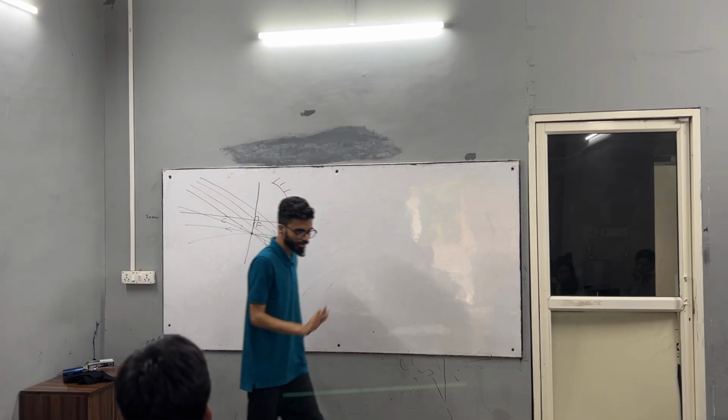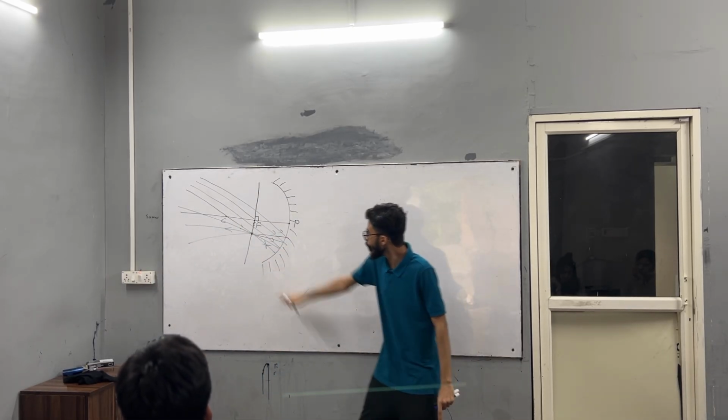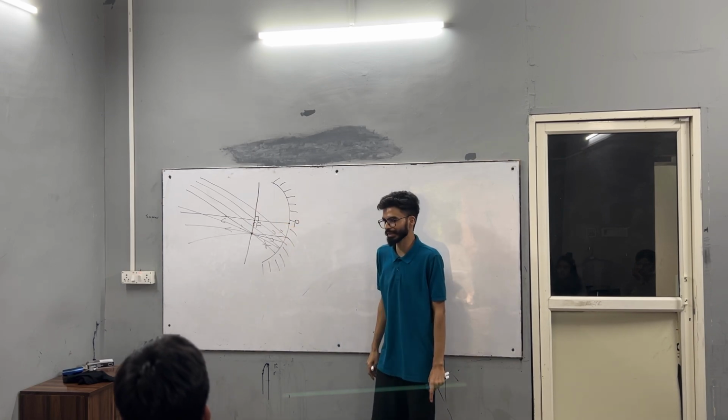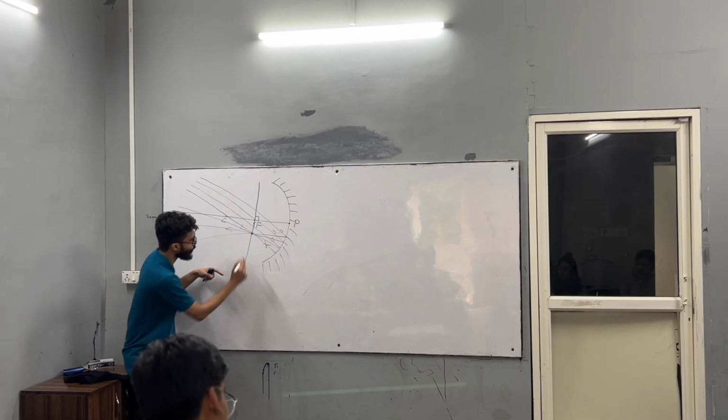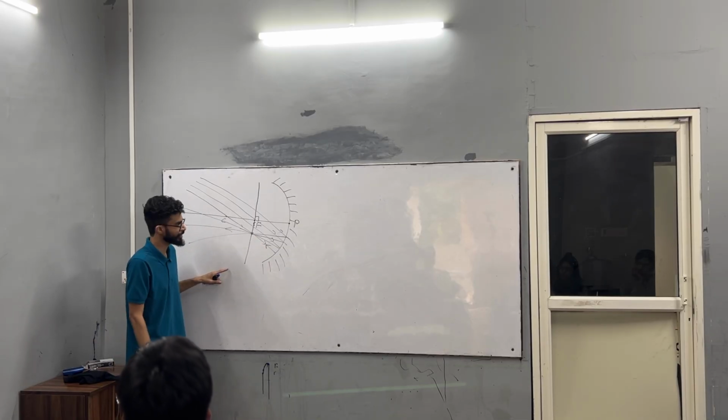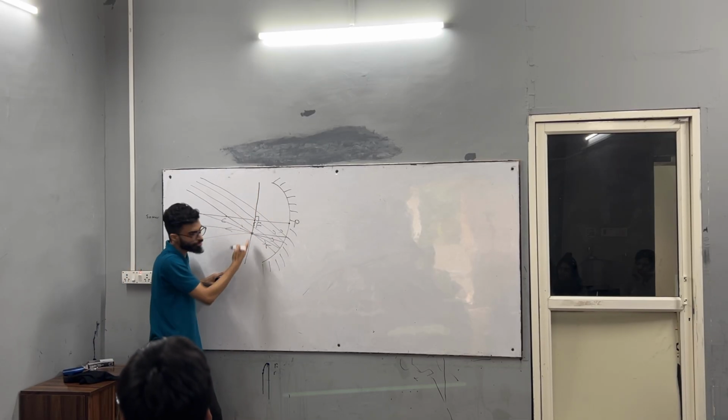So actually what they saw was all these parallel light rays, meaning a beam of light, getting concentrated over this point, which is normal to the focus.